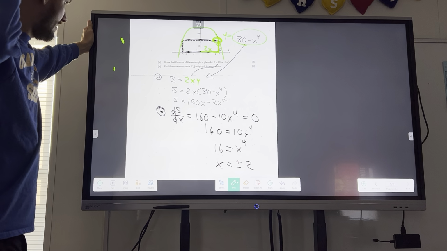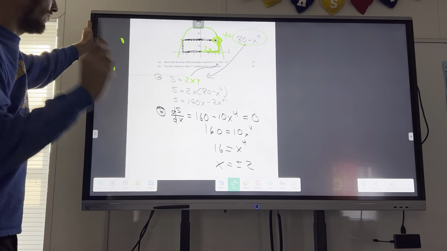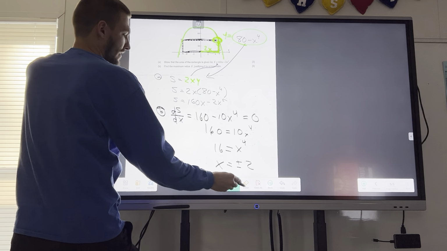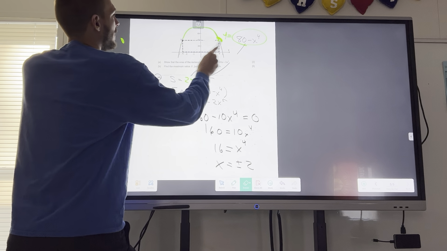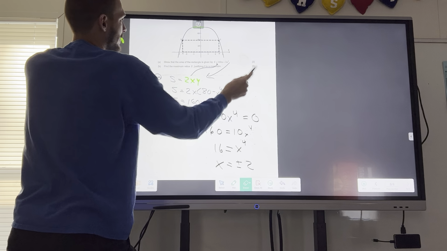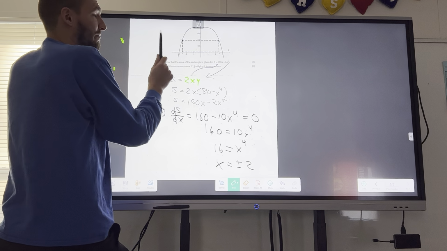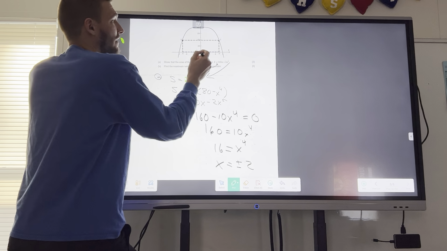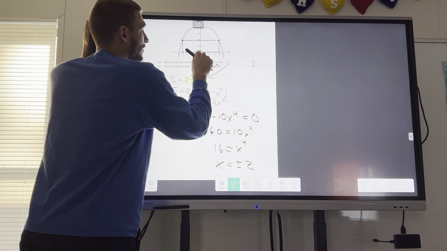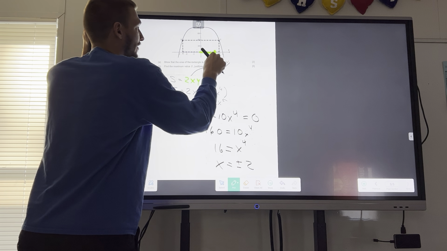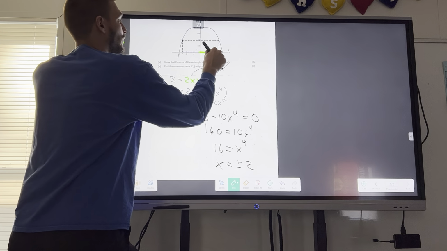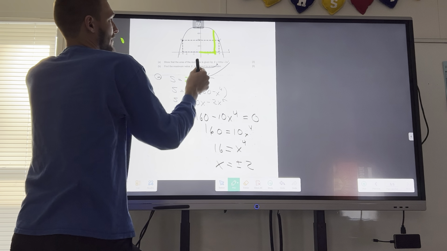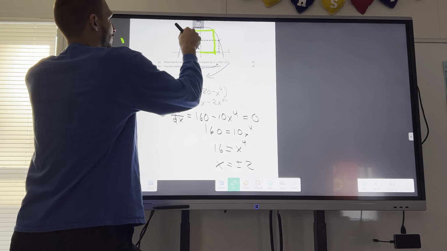Now, what does that mean, right? We found a lot. What we just found is that on this graph, we are not looking at the biggest rectangle, because the biggest rectangle would be an x value of 2. And then whatever y value that is, that would make our rectangle.